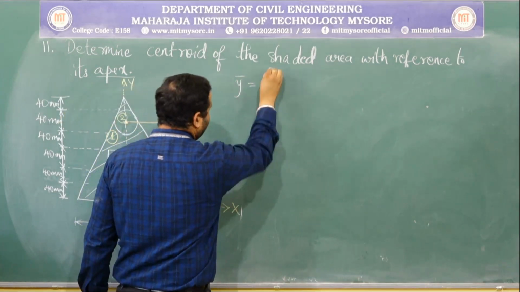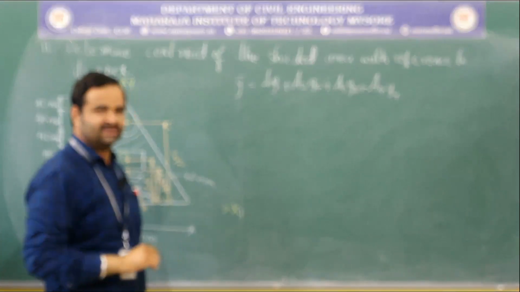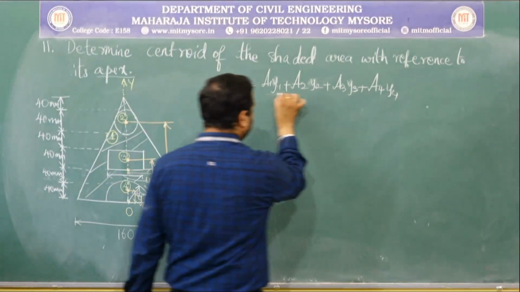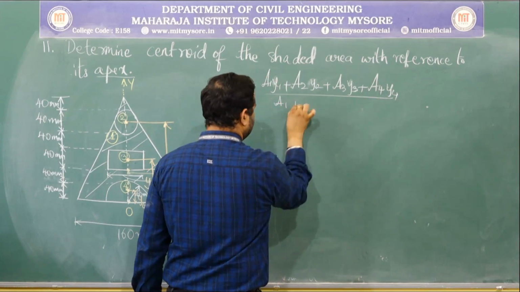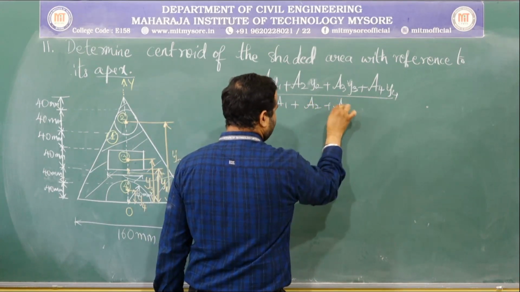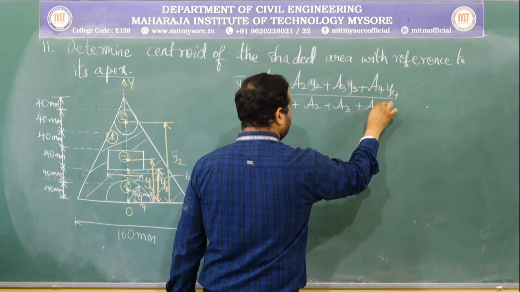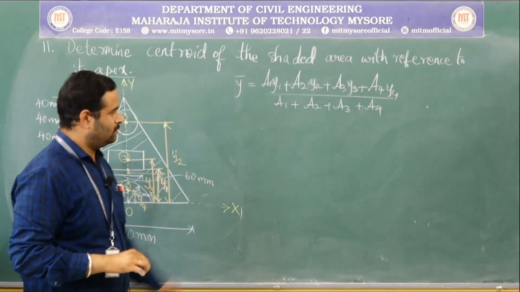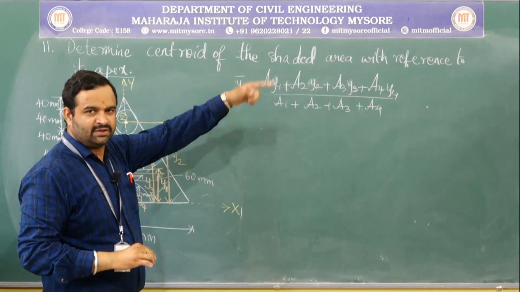Y bar is given by A1 Y1 plus A2 Y2 plus A3 Y3 plus A4 Y4 whole divided by A1 plus A2 plus A3 plus A4. Now we know what is A1, A2, A3, A4, Y1, Y2, Y3, Y4.